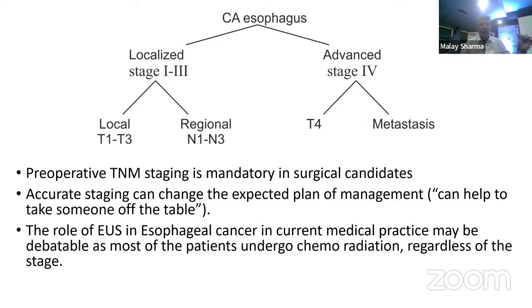Preoperative TNM staging is mandatory in surgical candidates because accurate staging can change the expected plan of management. The role of EUS in esophageal cancer may be debatable, as most of the patients undergo chemoradiation regardless of the stage.